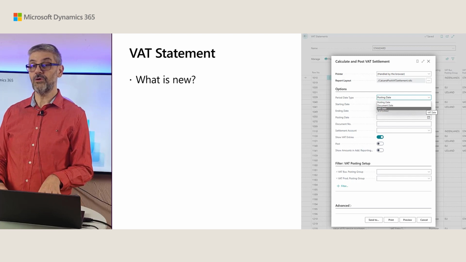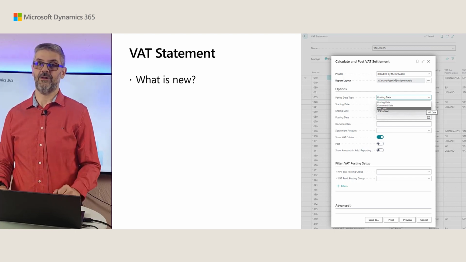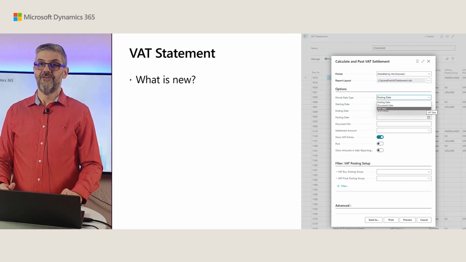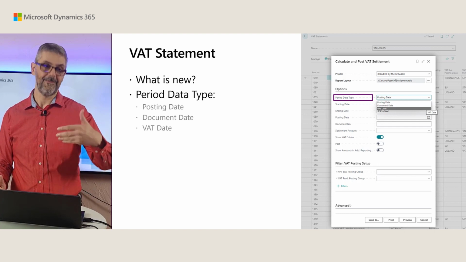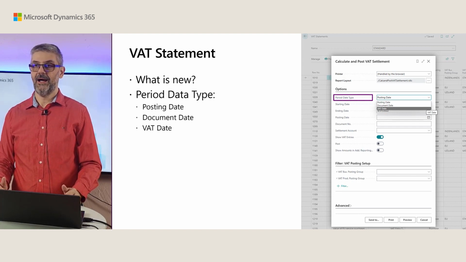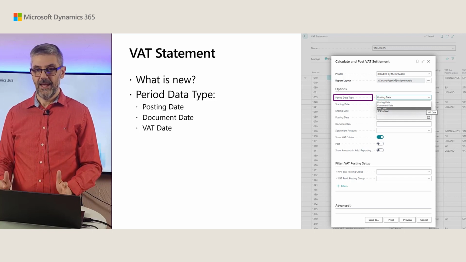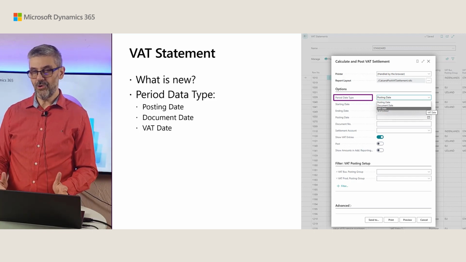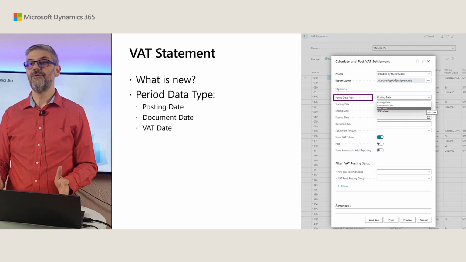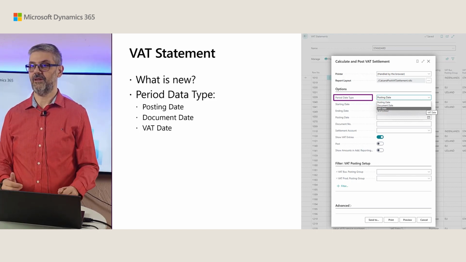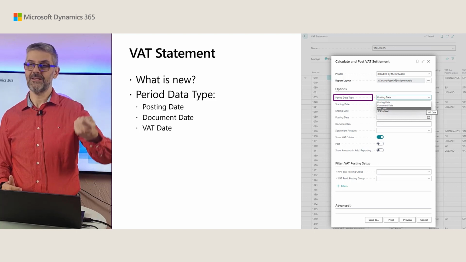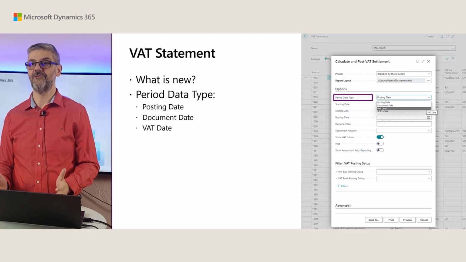Let's look at what is new in VAT statement, for example. In VAT statement, you can find this new option, period date type, and you can choose posting date, document date, and VAT date. As I said, in most reports you will not have this option. In most reports, you will still just have to add a date, but this date will be based on VAT date.